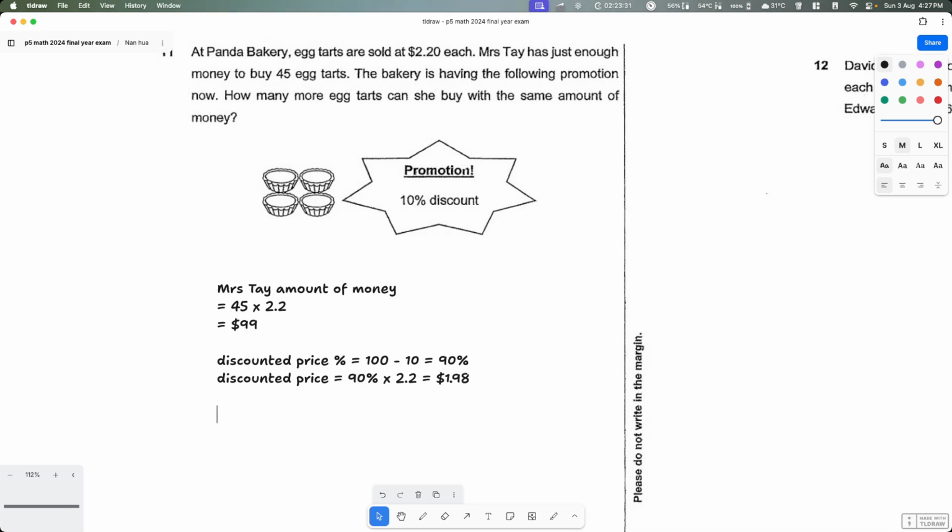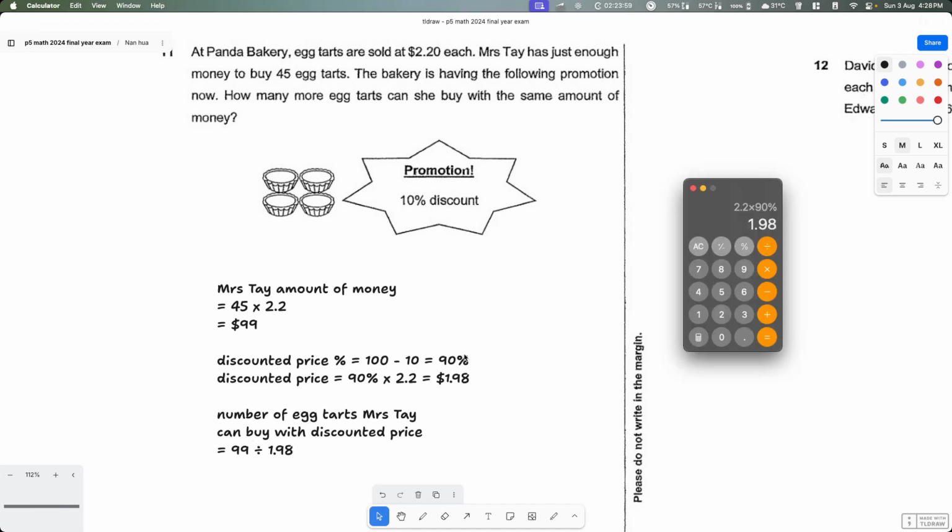Okay, so from here, the number of egg tarts Mrs. Tay can buy with the discounted price is equal to 99 divided by 1.98.